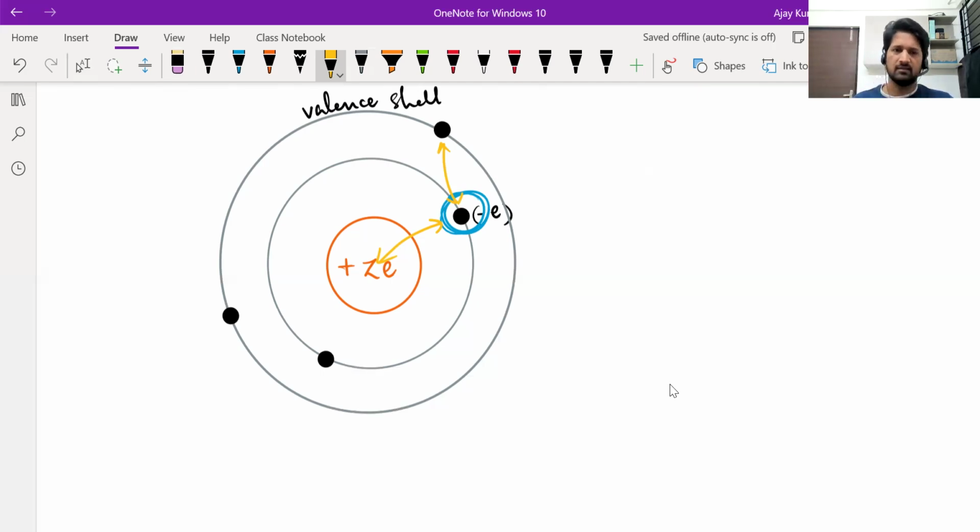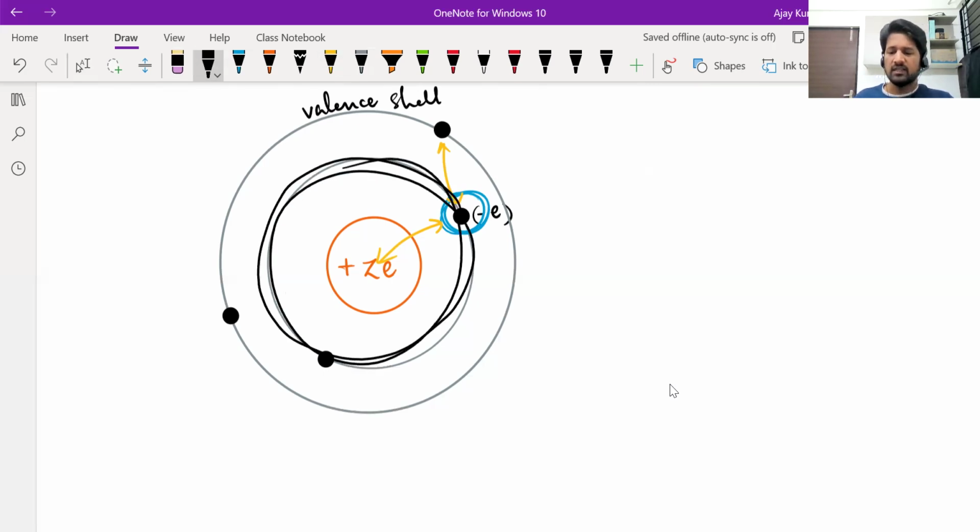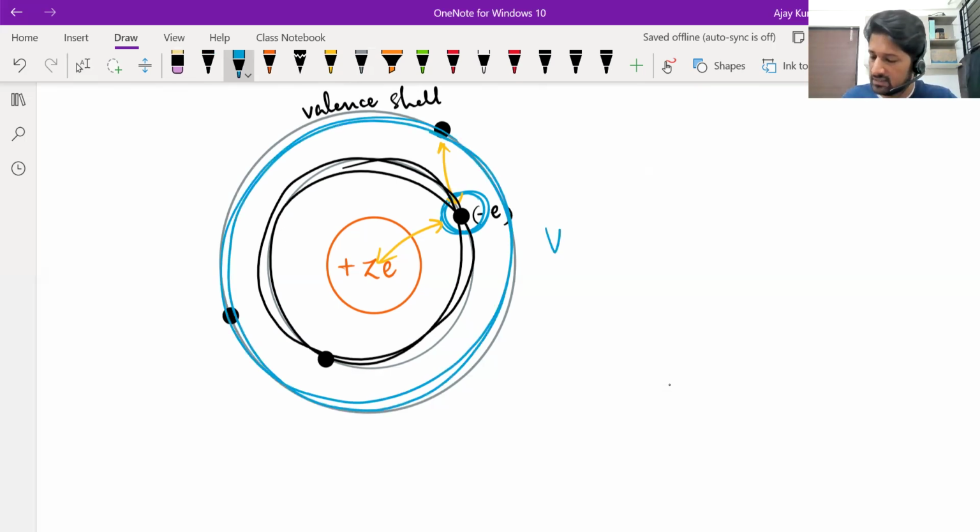It'll keep varying. So the first orbit or the first shell, all the electrons in the first shell won't have one amount of energy. They'll have a range of energies. Similarly, all the electrons in the last shell won't have a fixed amount of energy. They'll have a range of energies. That range of energies is called the valence band.